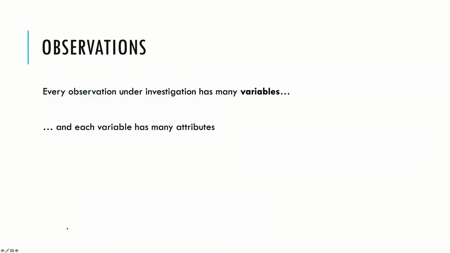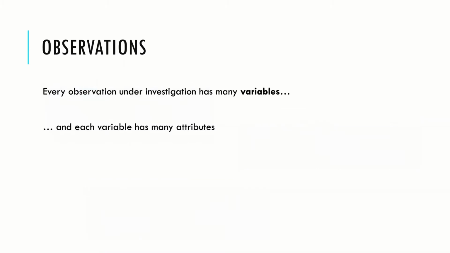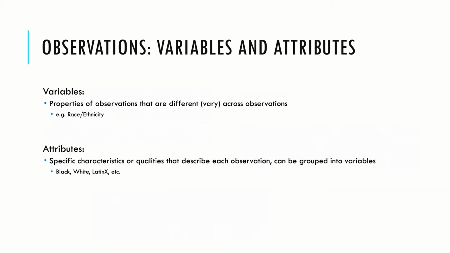So as you can see from that last slide, each observation has multiple variables, right? Person 1 has age, happiness, race, SES, and so on and so forth. Person 2 has those same variables. So each observation has multiple variables, but each variable has multiple attributes. Well, what is an attribute? A variable itself is the properties of an observation, the cluster that we can explain it by.